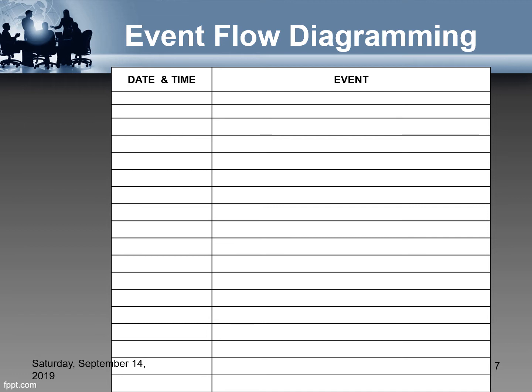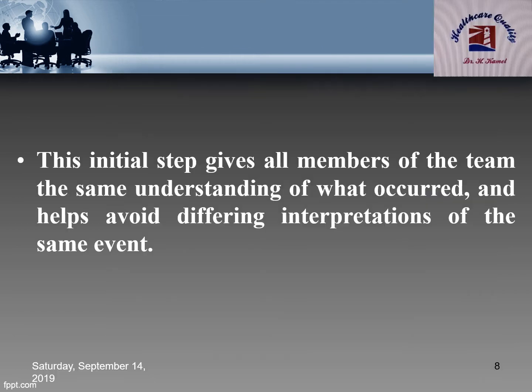Team members discuss the sequence of events till they all agree about what really happened. This initial step gives all members of the team the same understanding of what occurred and helps avoid differing interpretations of the same event.